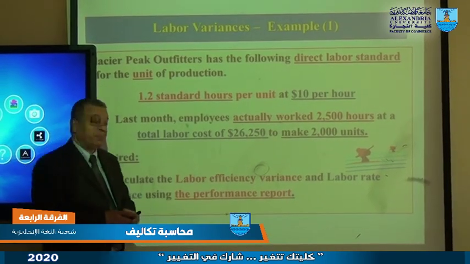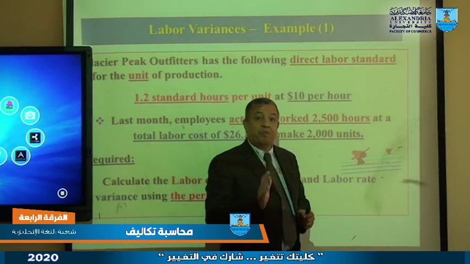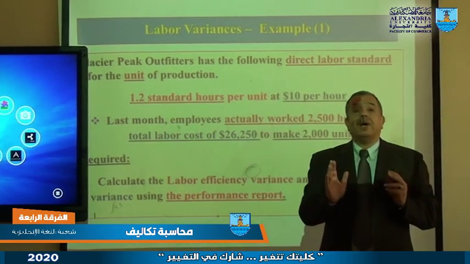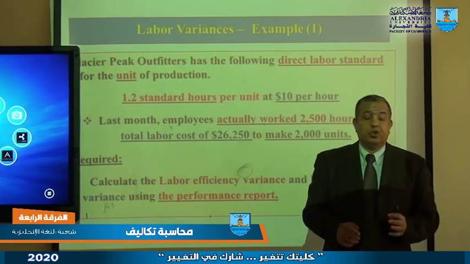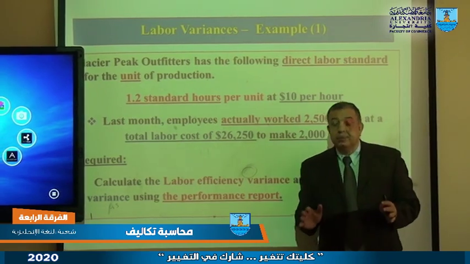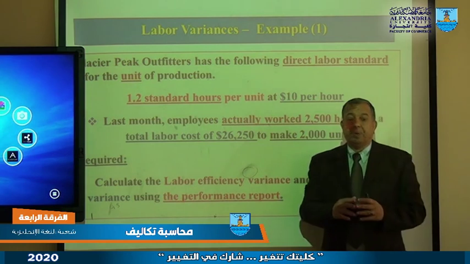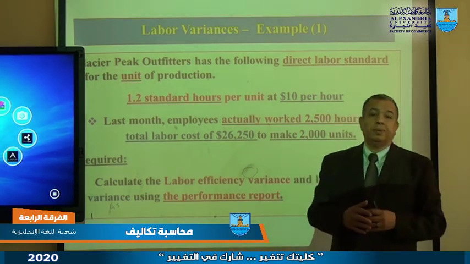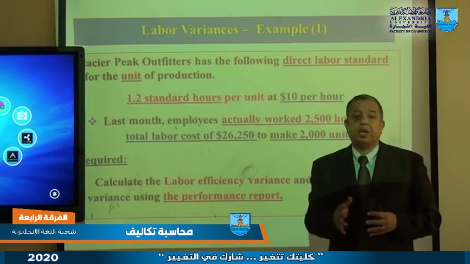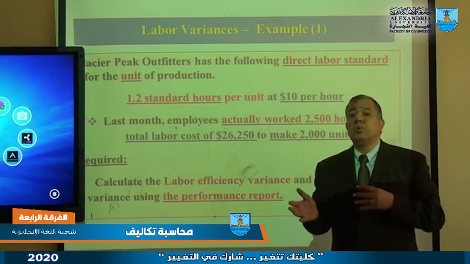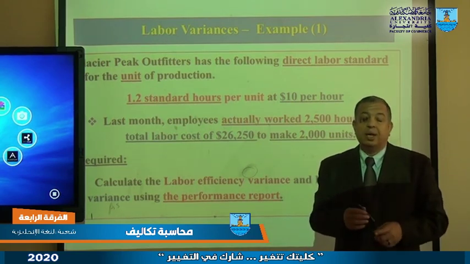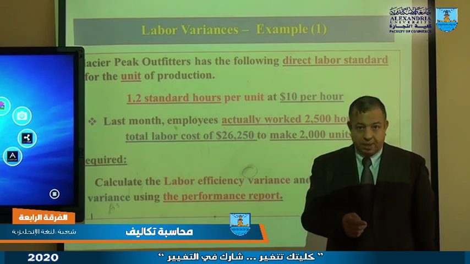I told you, the first step, before analyzing direct material, direct labor, manufacturing overhead, preparing the performance report, preparing the equation, 2, 3, 4 way for direct material, or here 2 or 3 way for direct labor, you have to calculate your amounts firstly.